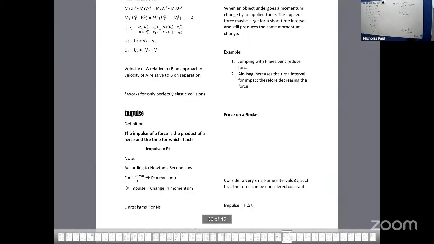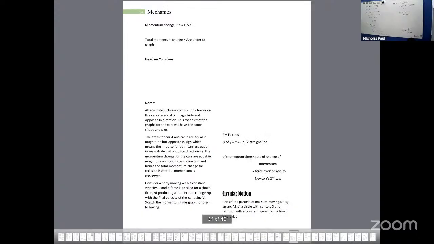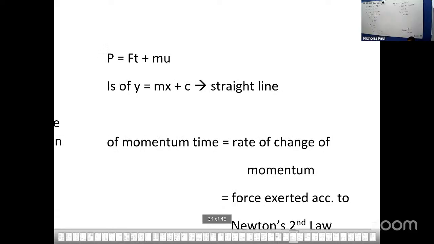Before you pack up and get ready to go, just one thing I wanted to talk about on the graph. One small thing, because we never did this before, and there are no questions on it. If you plot a graph of momentum versus time, what does the gradient give you?